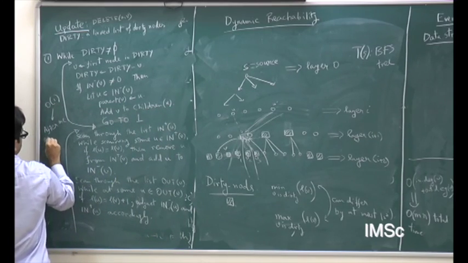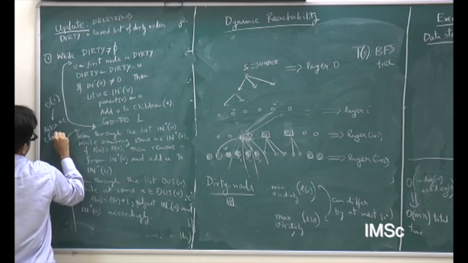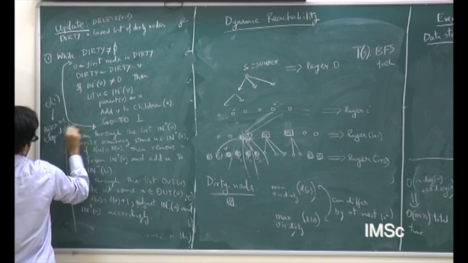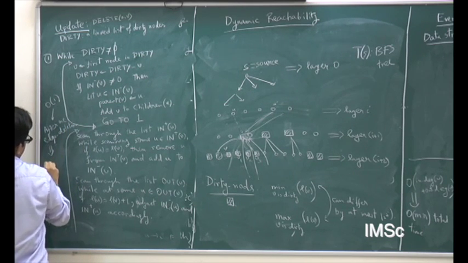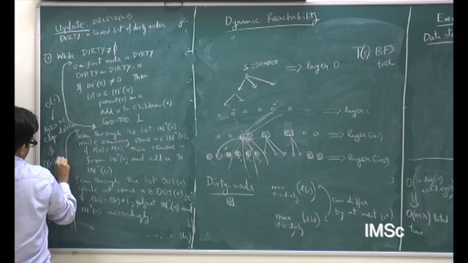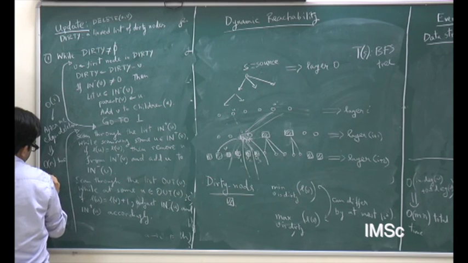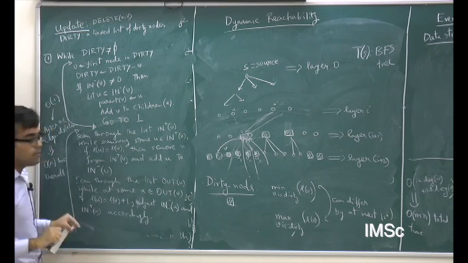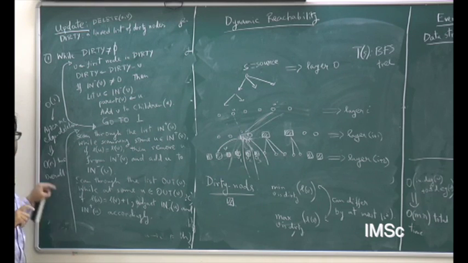So that's why I am saying that after one edge deletion, this part is taking O of n time in total. There can be m edge deletions. So the total update time here is also going to be O of mn.